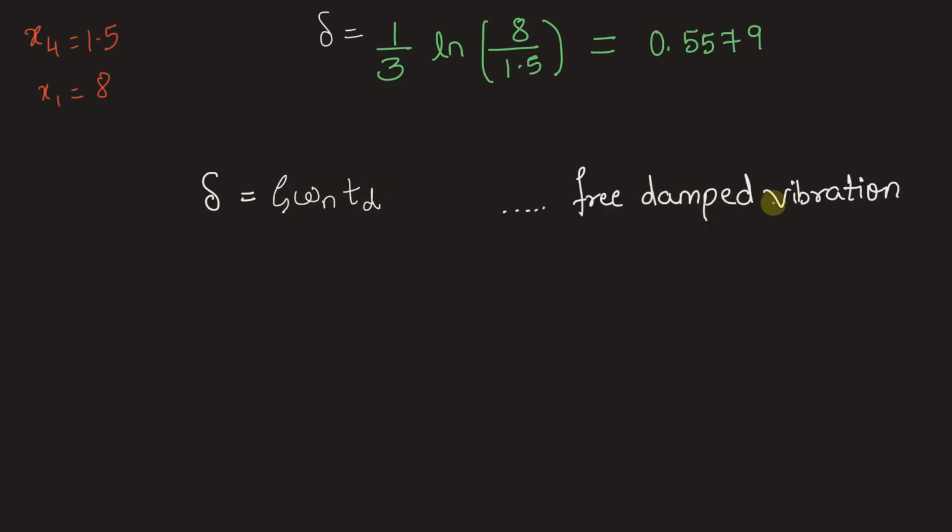Now by definition, we have delta is equal to zeta omega n Td. So for free damped vibrations, we have logarithmic decrement delta is equal to zeta, which is damping ratio, omega n is natural frequency of the system, and Td is nothing but damped period.